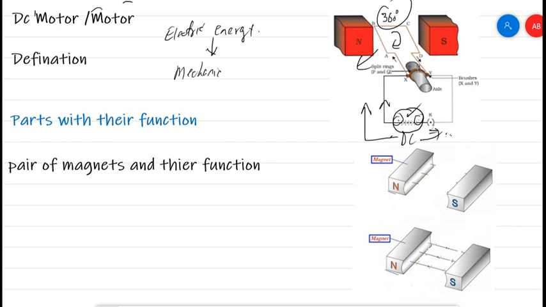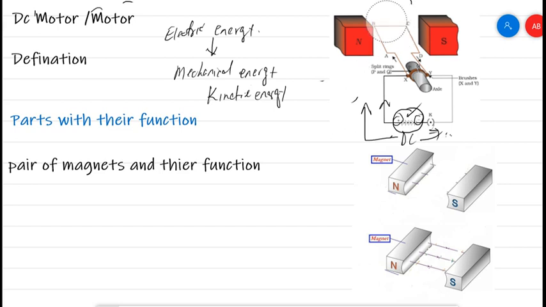We can say mechanical, or also we can say kinetic energy. Kinetic energy, KE, or also we write subscript K, capital E. So this is the DC motor.